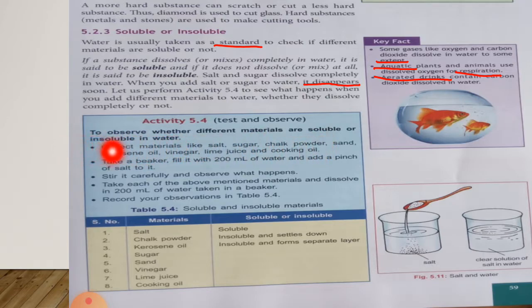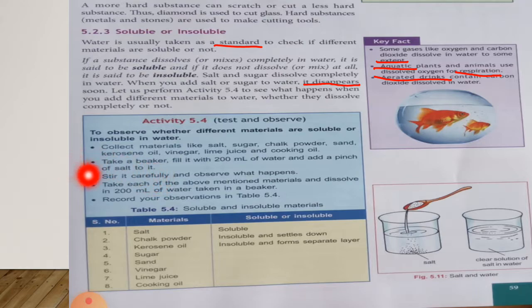So first you have to collect materials like salt, sugar, chalk powder, sand, kerosene oil, vinegar, lime juice and cooking oil. And after it you have to take a beaker and fill this beaker with 200 milliliter of water, and add a pinch of salt to water.